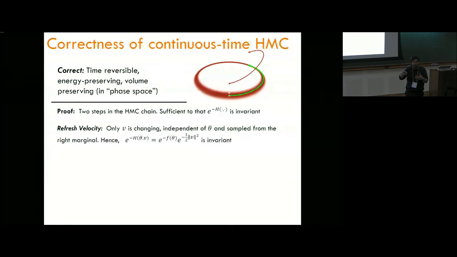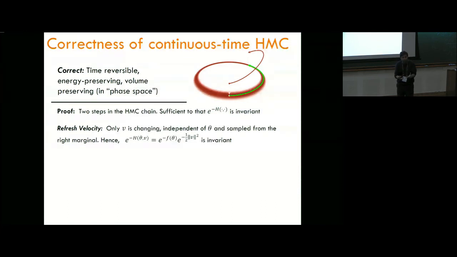And now I'm changing this v to some v prime. But the Hamiltonian I chose is separable, so e to the minus H(theta, v) is just the product of e to the minus f(theta) times e to the minus half v squared.